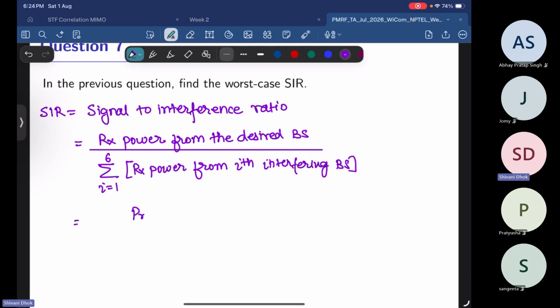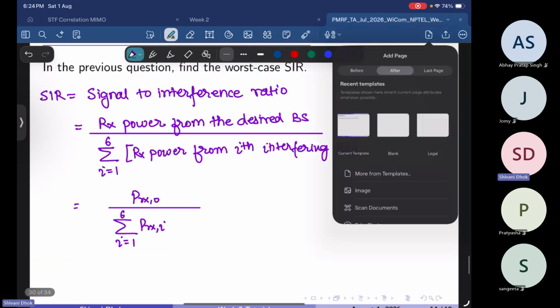So this is PRX of your current base station divided by the summation i equal to 1 to 6 of PRX of i. Okay.